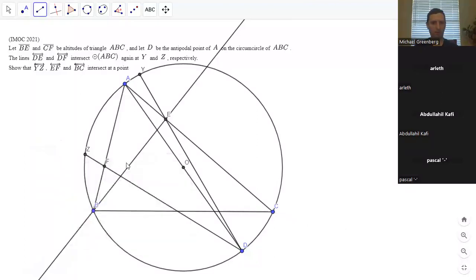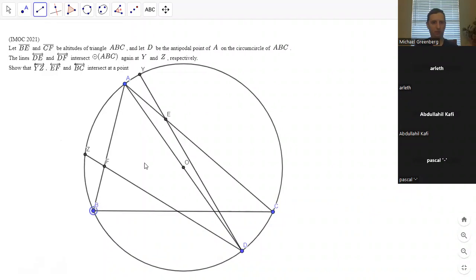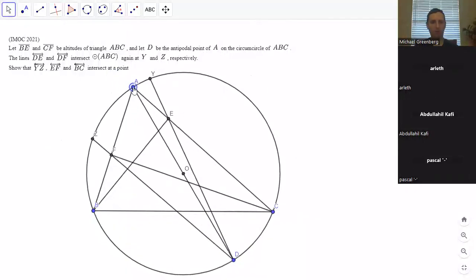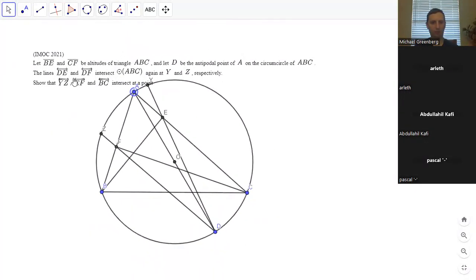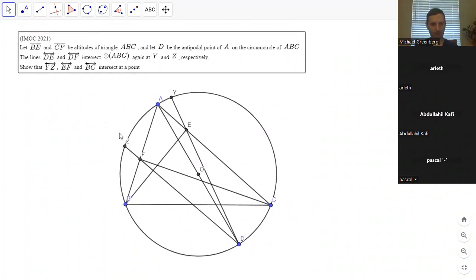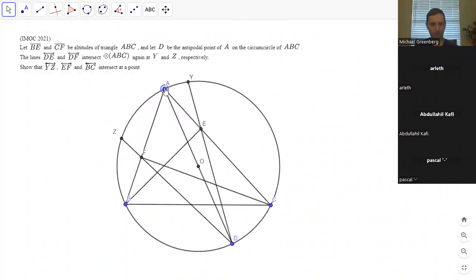All right. So I think we've probably done this problem before, but I don't remember the solution. So let's see, YZ, EF, and BC.